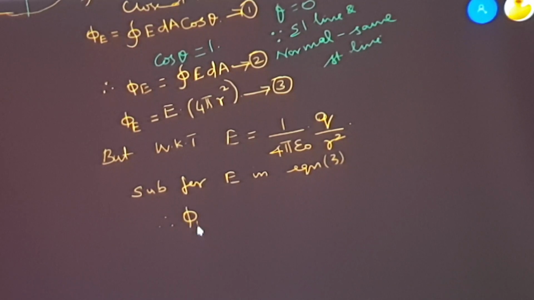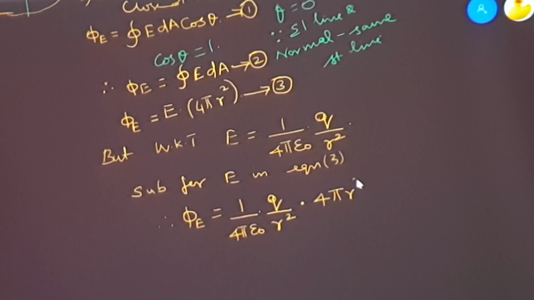Therefore, I can say the electrical flux phi E is equal to, what is the value of E? It is equal to 1 divided by 4 pi epsilon 0 into q divided by r square, multiplied with the area value, which is 4 pi r square. You see, in the denominator you have 4 pi, and here you have 4 pi and r square, so 4 pi and r square will get cancelled.